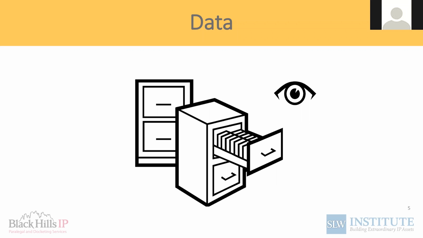Now, some tools do provide private data, but that's not generally necessary because when you're talking about prosecution activity, a lot of that happens after publication anyways. But some tools do allow you to provide private information on that area.